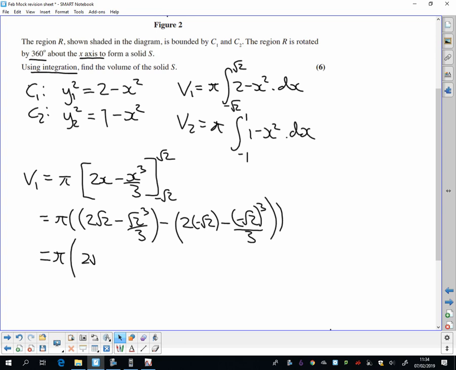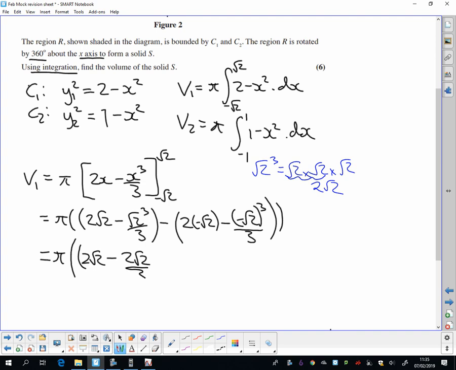So now, for this, I've got root 2 cubed, so that's root 2 times root 2 times root 2. Every pair of root 2's makes a 2, so that's 2 root 2. Similarly for this one, I'm going to have negative root 2 times negative root 2 times negative root 2.